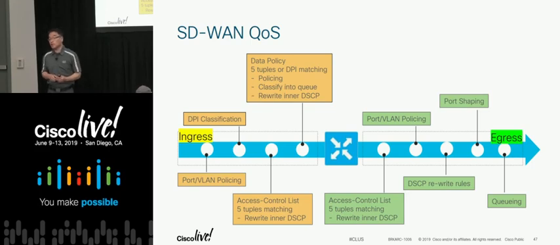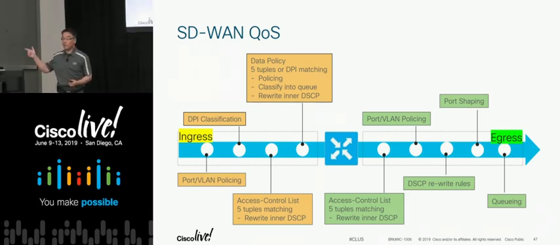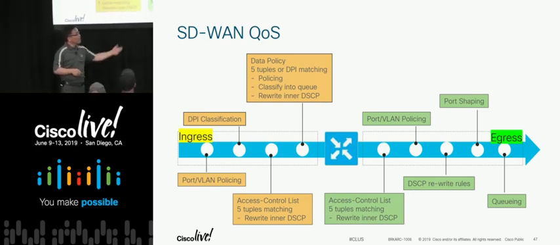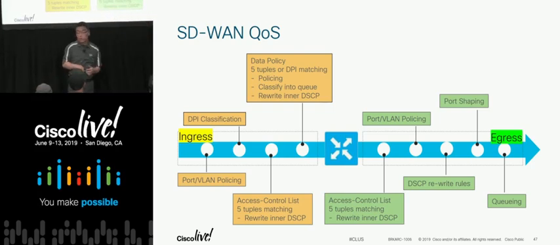On the data policy, you're not only able to match on the flows, but also match on the applications. Then you can do policing action, classify the traffic into different queues, and rewrite the inner DSCP values. So you can do a lot more actions using the data policy. On the egress direction, you can also apply an egress ACL, which matches on the flows and rewrites the inner DSCP bit.